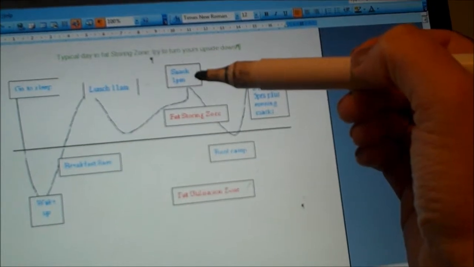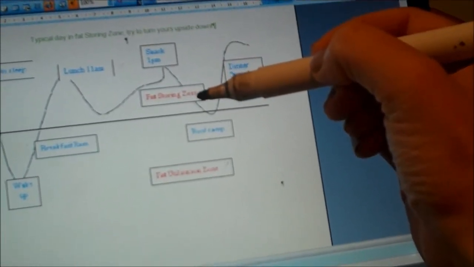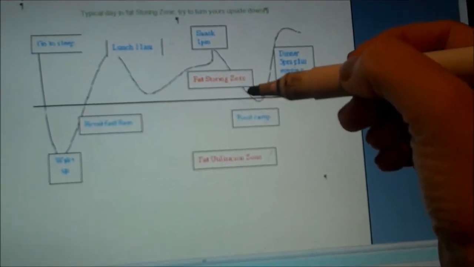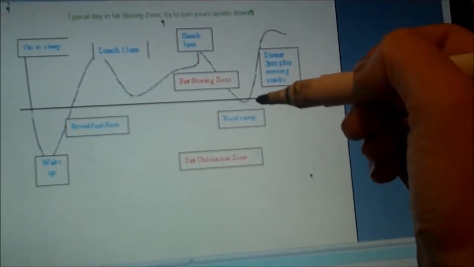What will happen then is you'll come home after your snack, and it'll be a little bit of a fast, because you'll have picked the kids up from school, or come home, tidy up, sort yourself out, get a bath, and we'll drop down out of our fat storing zone, okay, and we'll have dinner, or we'll go to boot camp.